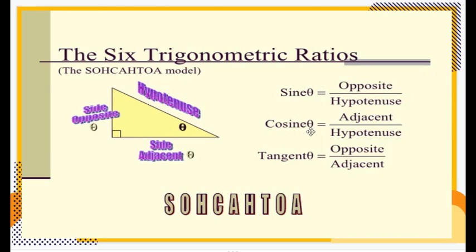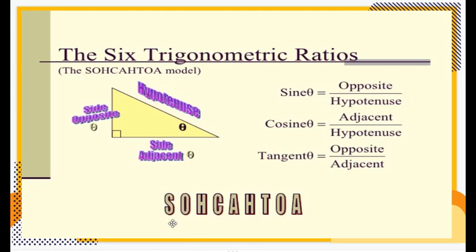The ratio of cosine theta is the adjacent side of theta over the hypotenuse. The ratio of tangent theta is the opposite side over the adjacent.